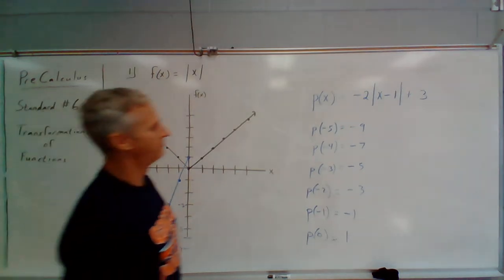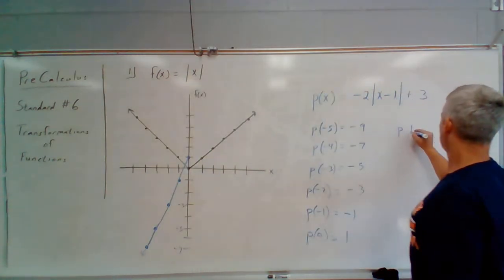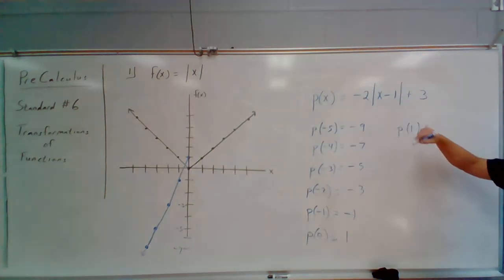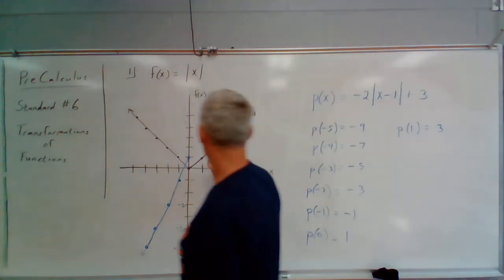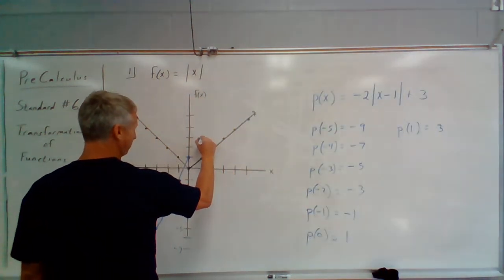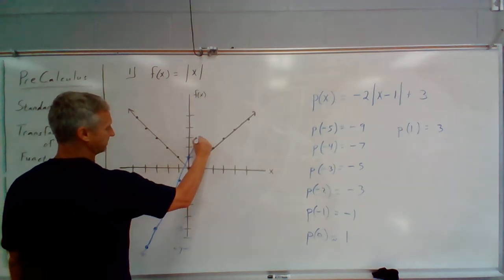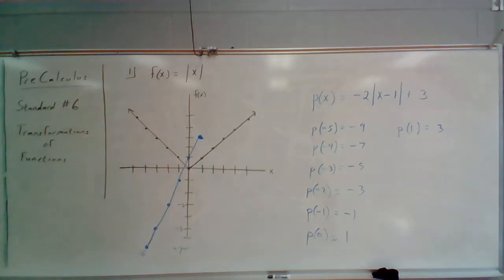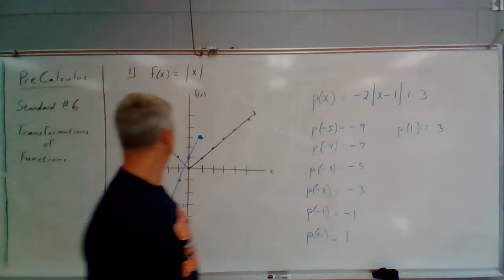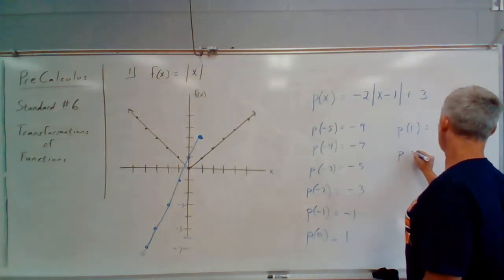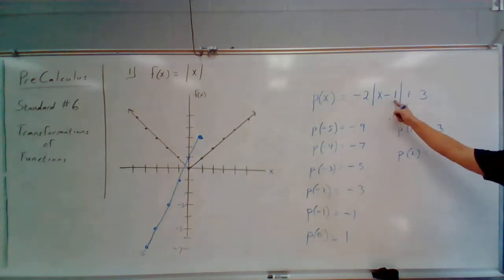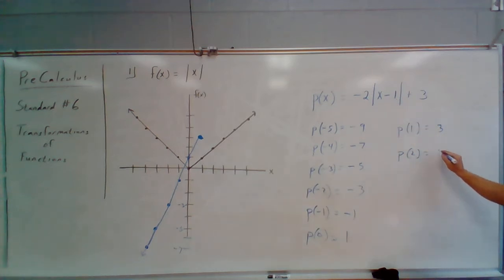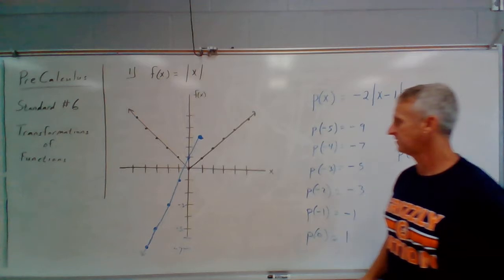Let's do P of 1. 1 minus 1 is 0, so that's gone, so I get a 3. P of 1 is 3. So I'm still going. All right, P of 2. 2 minus 1 is 1. Absolute value of 1 is 1. That's -2. So I get a 1.